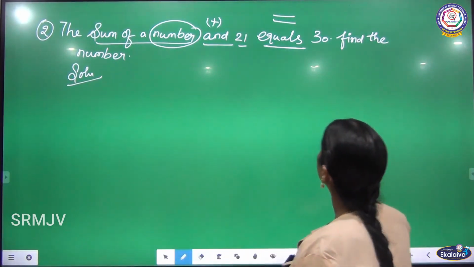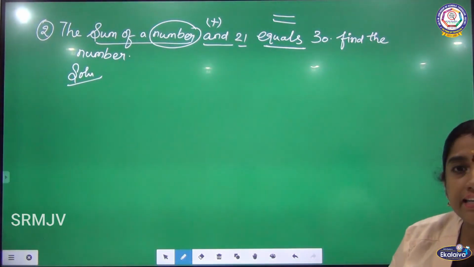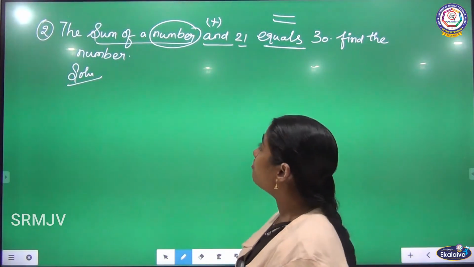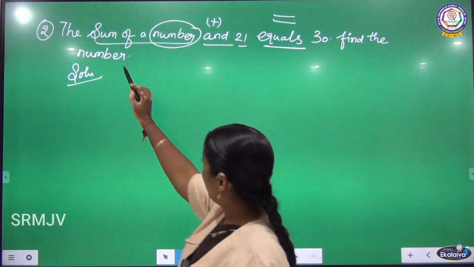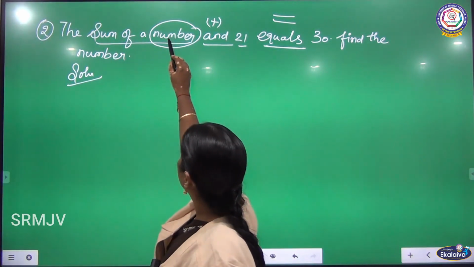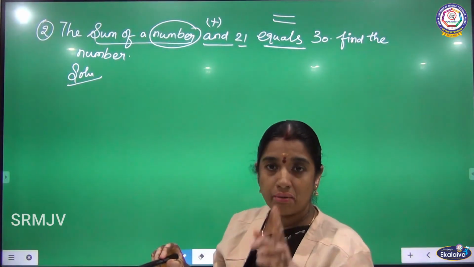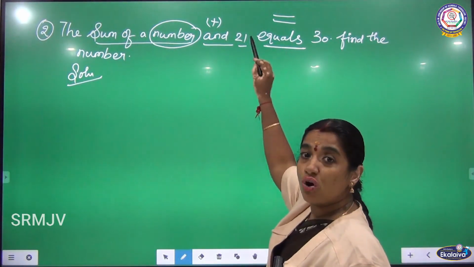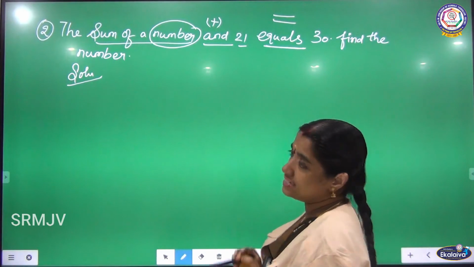Equal to 30. Find the number. I don't know the number. The sum of a number, but I don't know. But I know a number which is 21 and the number to be what? Sum. Sum means I am going to plus that. Equals is there. So equal to 30.